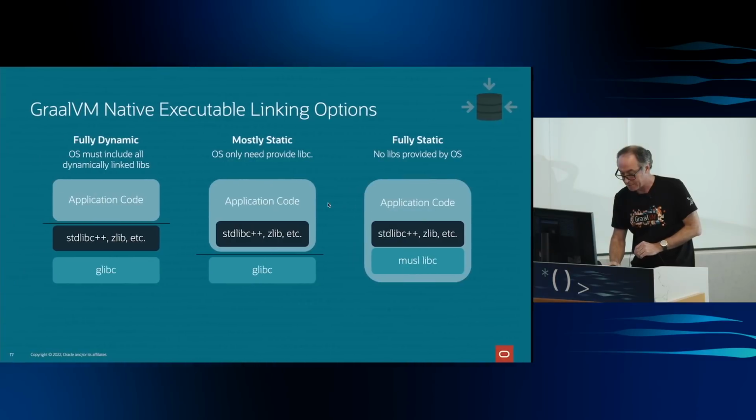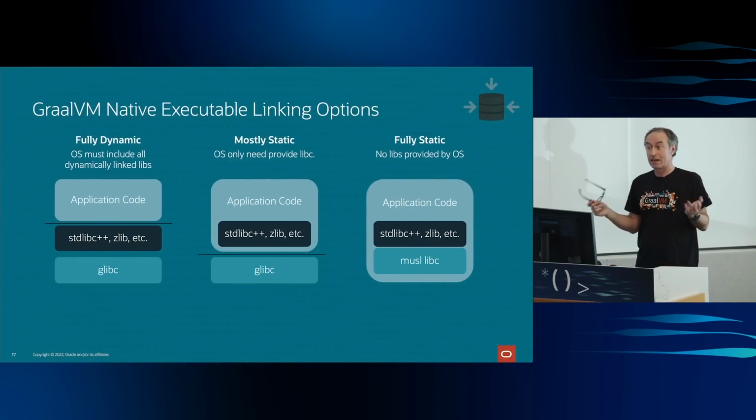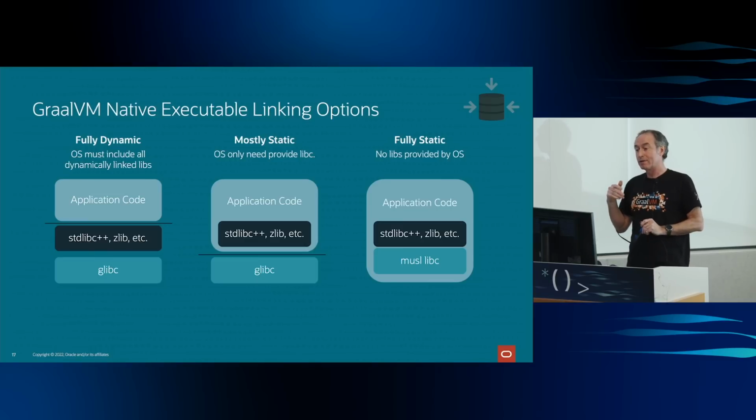So out of the box, you get this fully dynamic mode where everything is dynamically linked. And that's fine for most cases. We have an option we call mostly static, where we statically link in all the libraries you need except glibc. That means I can take this application and deploy it into a container that just contains glibc, for example.